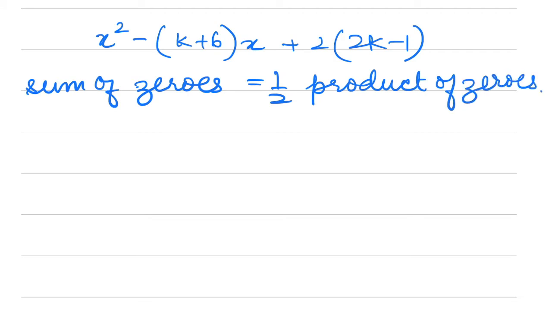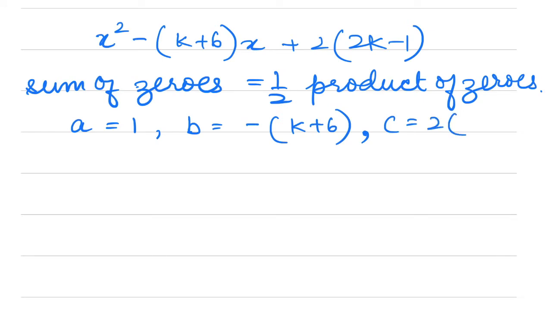And we have to find the value of k. Now here in this equation we know a is equal to 1, b is equal to minus k plus 6 and c is equal to 2 into 2k minus 1.